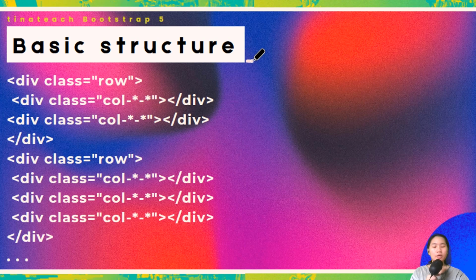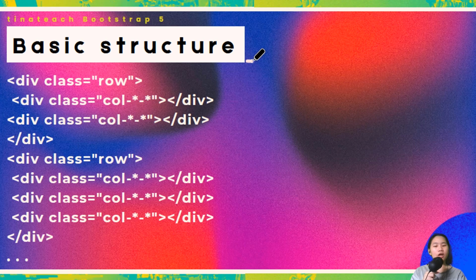Next up is the basic structure. The basic structure of rows and columns is very, very simple. It's the same thing that you see with an HTML table, for example. I'm pretty sure I also had a lesson in HTML explaining the rows and columns.